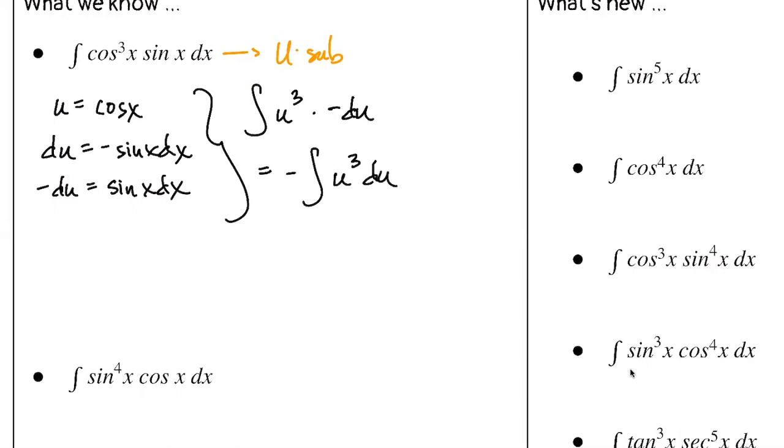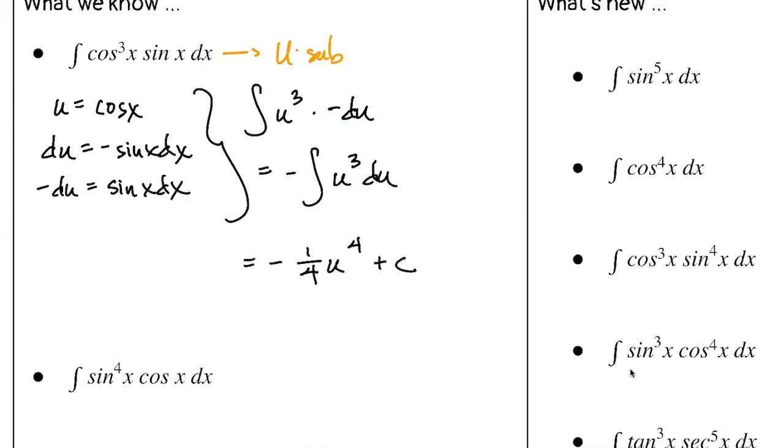Now, this is a really nice integral because all we need is the power rule, and it's a positive whole number power. So we bring down that negative sign. We say u to the 3 plus 1, which is 4, and then the coefficient will be the reciprocal of that power. Because I don't have bounds, I want to make sure I have a plus c.